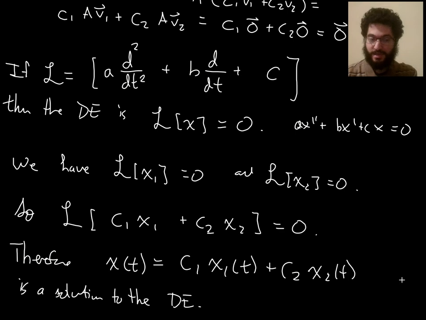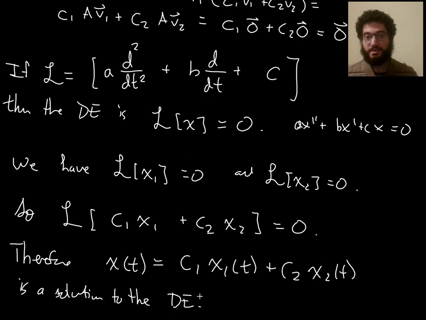Okay, now you might complain. You should complain a little bit. Why am I claiming it's the general solution? That's kind of jumping to a conclusion there. It's a solution. It's a family of solutions. Pick any number for C1 and any number for C2 and you'll get a solution. But does that give me a right to call it the general solution?